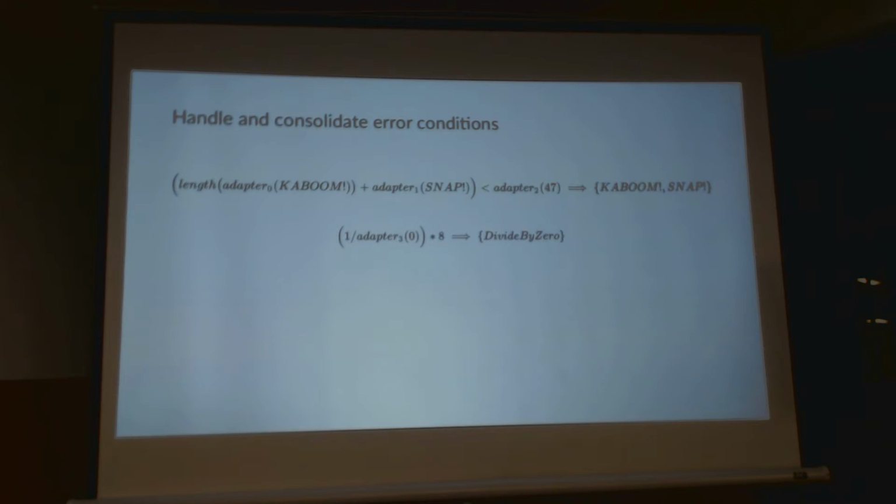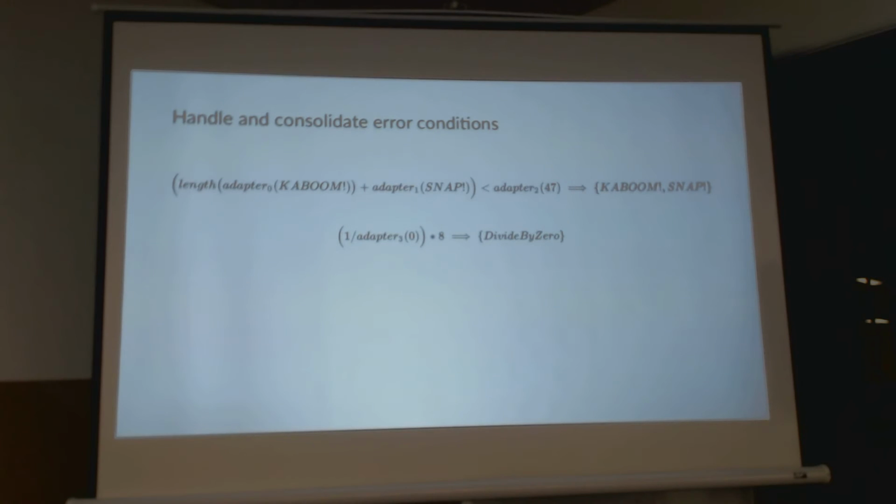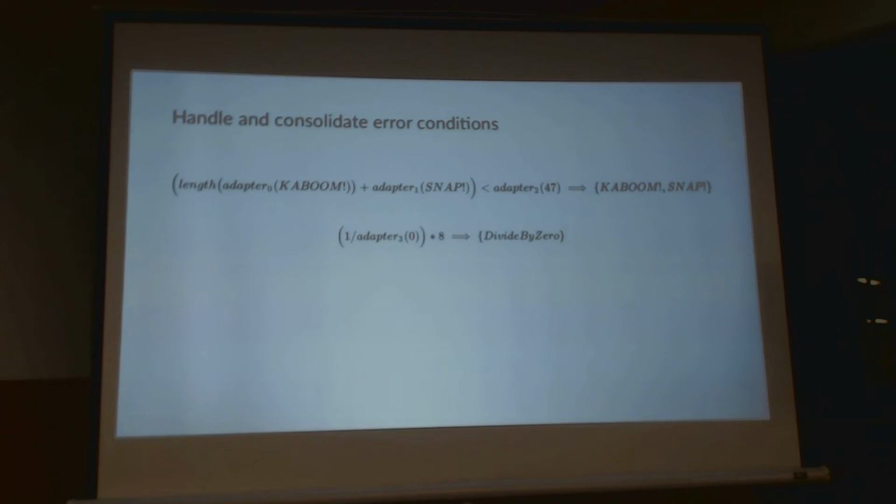What we want is to short circuit, skipping those that are returning correct values, and simply return a combination of all the errors in the result. It's also possible to have operators that generate errors themselves, with division by 0 being the classic example here.